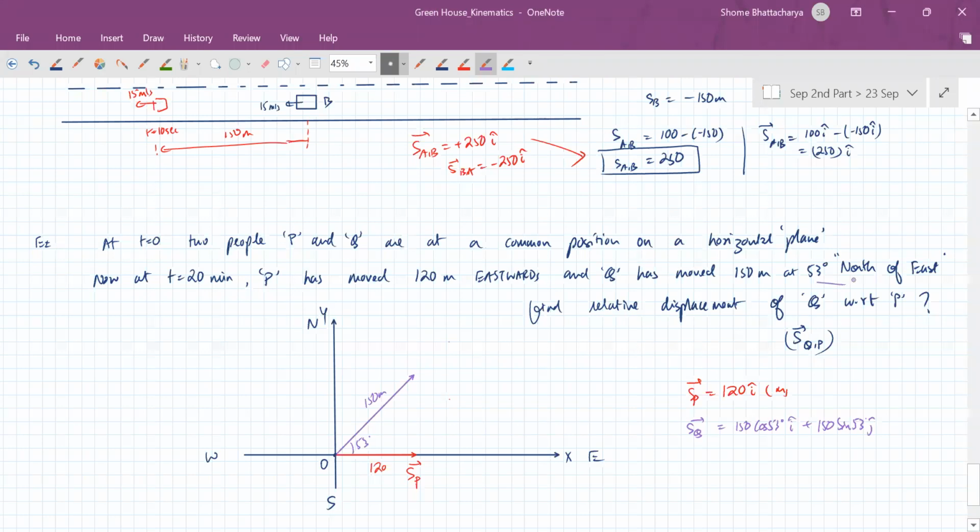53 degrees north of east. So this direction is clear? Now cos 53 is how much? 3/5, and sin 53 is 4/5.